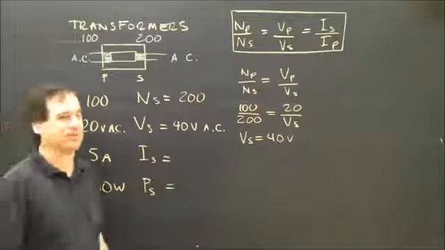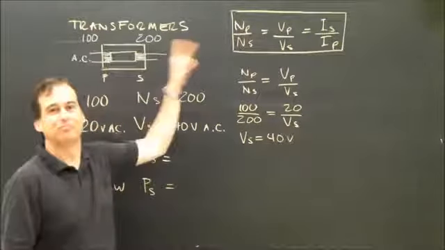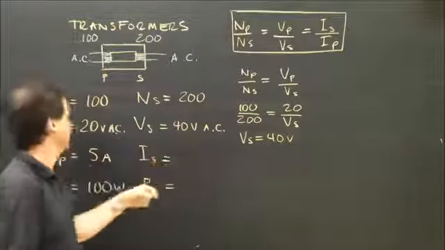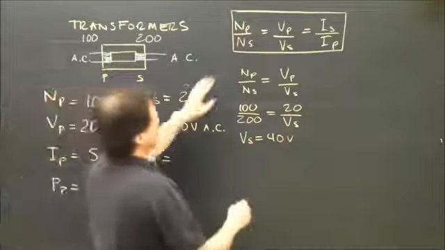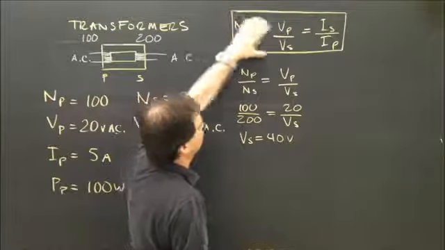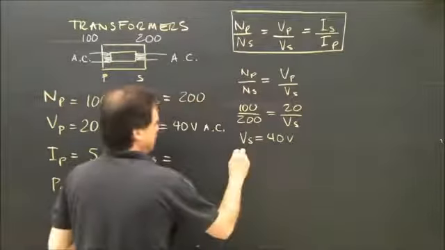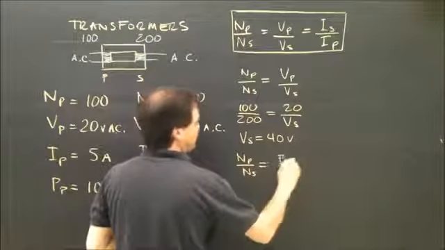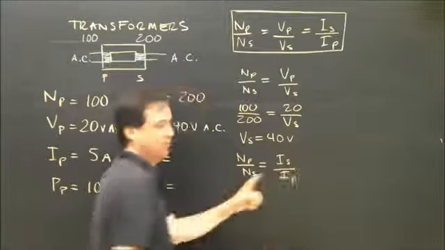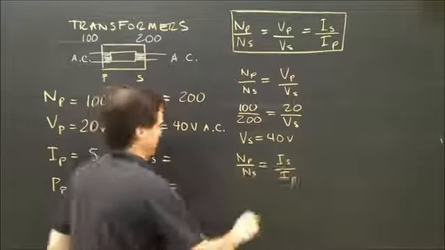Well, again, the ratio tells me 100 to 200, I'm doubling the voltage, so the current should be cut in half. So half of 5 is 2.5. But what I'm going to do is use this part of the formula and this part of the formula. So the number of the primary over the number of the secondary is equal to the current of the secondary over the current of the primary. Remember, this is the opposite. Don't make that mistake.